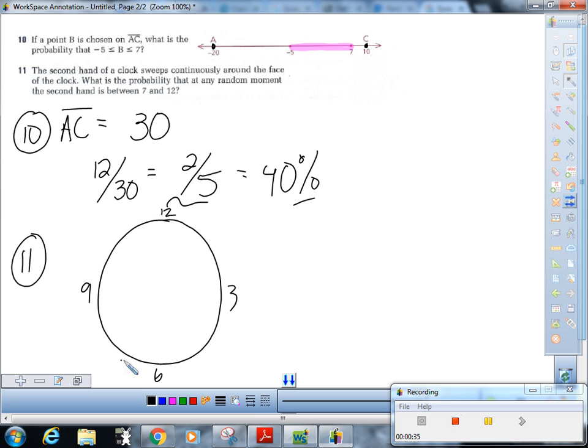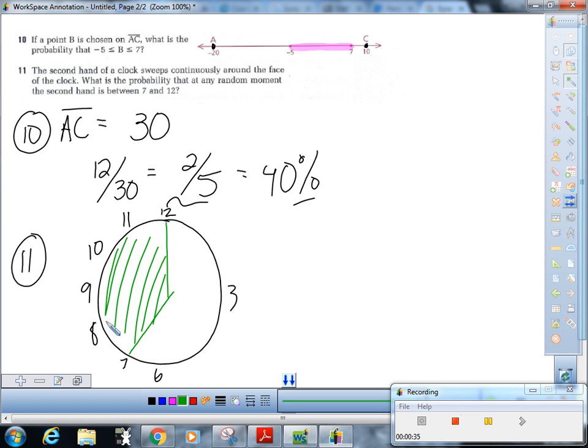Between 7 and 12. So 7, 8, 9, 10, 11, 12. We're looking for the probability that the second hand is in that green section.